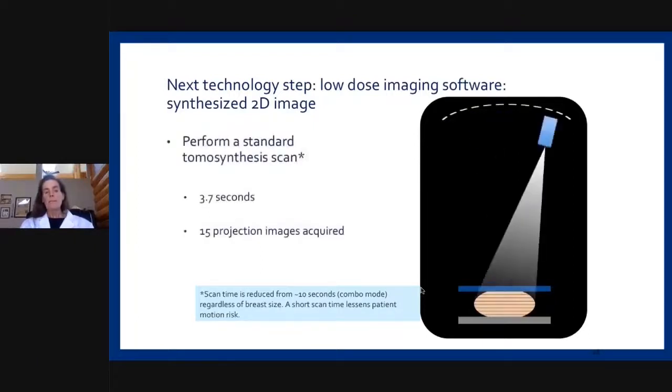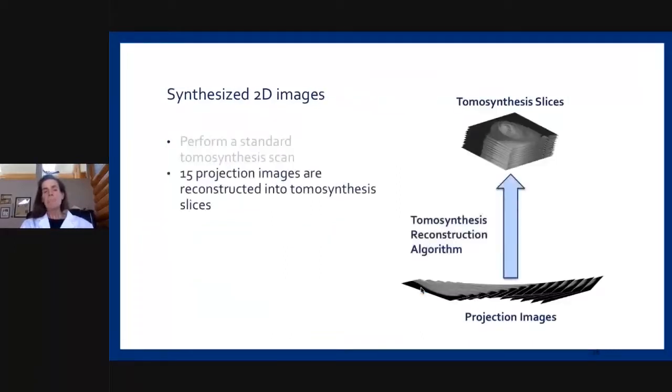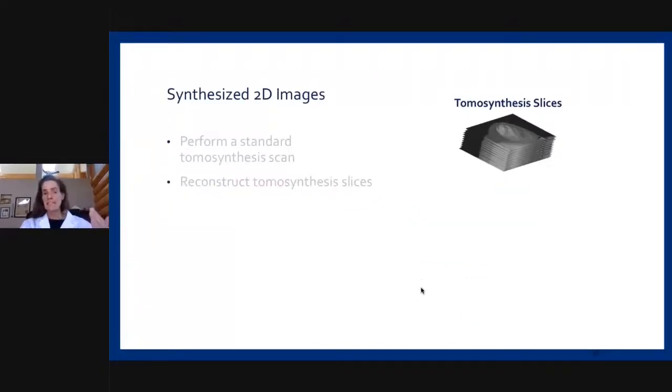So what we did is we performed the standard scan, and it was quicker than doing the combination mode, which was a little bit longer because we had to do the tomosynthesis sweep and then do a true 2D exposure. So with the synthetic view, we get our tomosynthesis sweep, we take our 15 projection images, and we turn those into tomosynthesis slices.